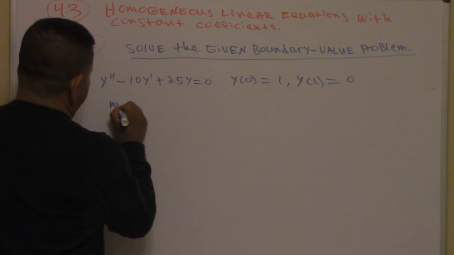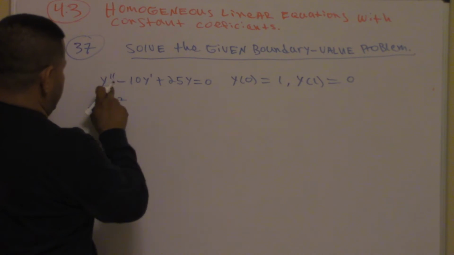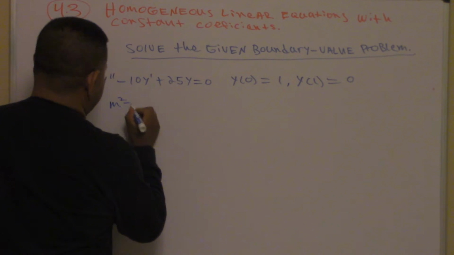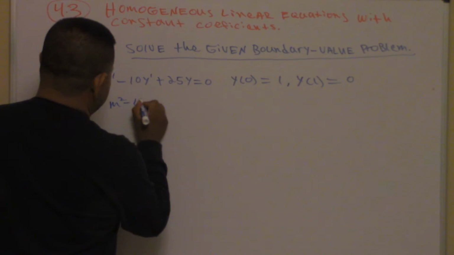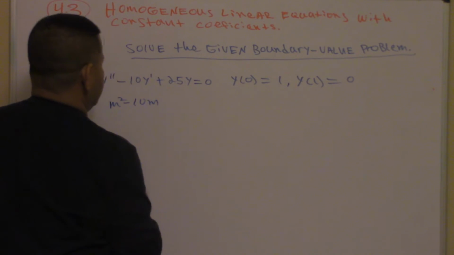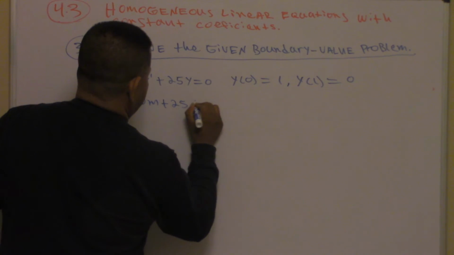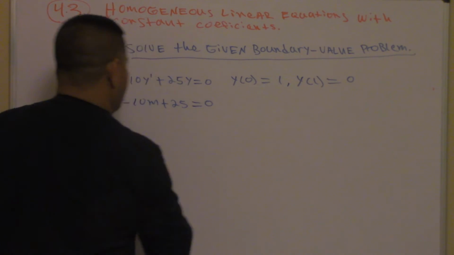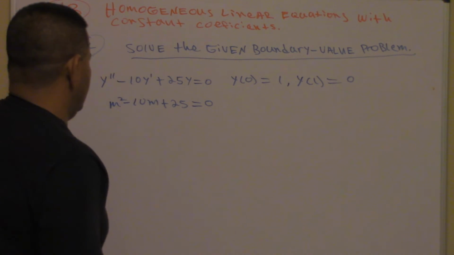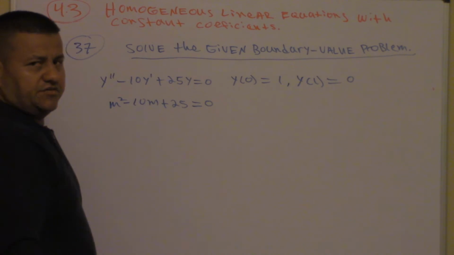So it's going to be m squared minus 10m plus 25 equal 0, right? Now let's see if we can factor that.